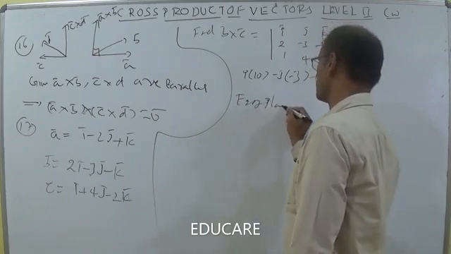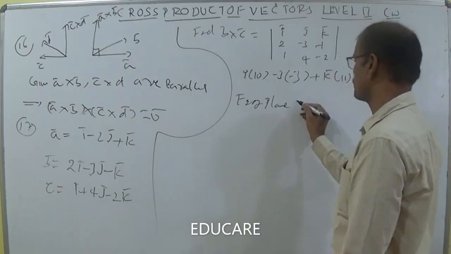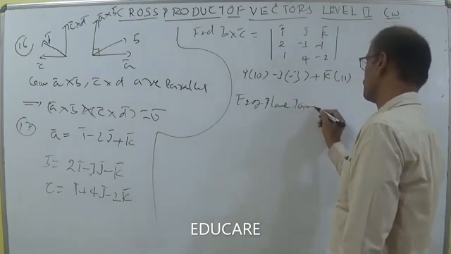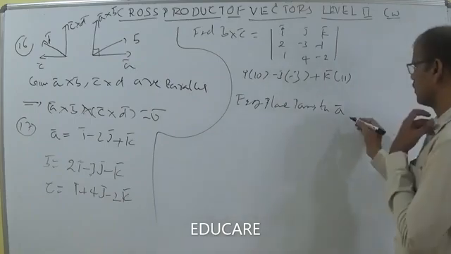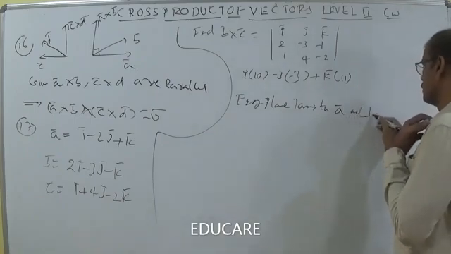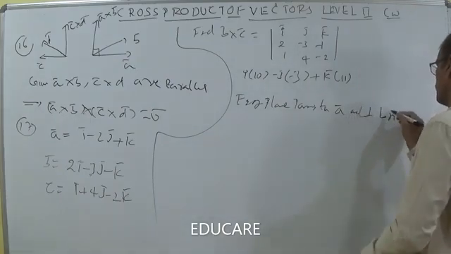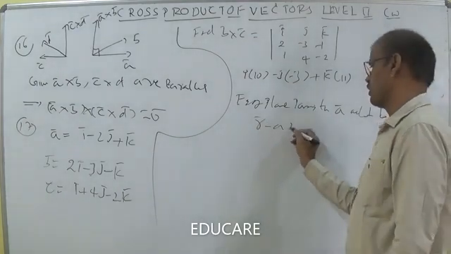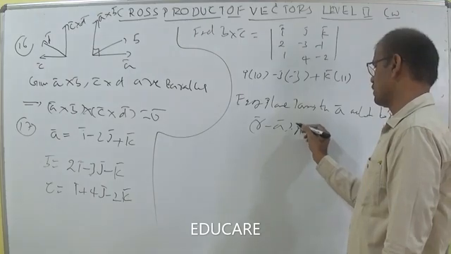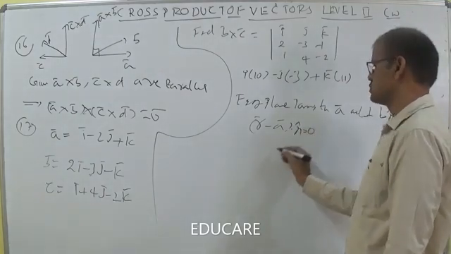Now to find the equation, the equation of a plane passing through a point a bar and perpendicular to n bar, a unit normal vector, is given by the formula r bar minus a bar dot n cap equal to 0.